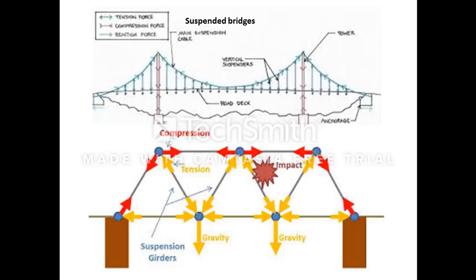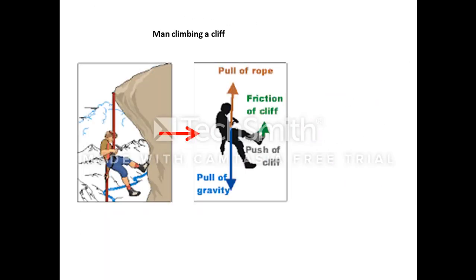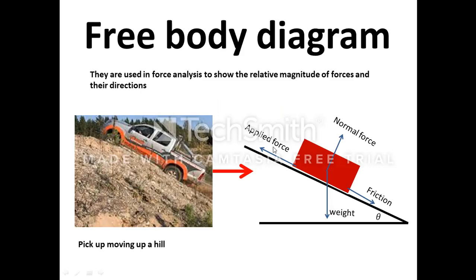One thing to mention is that in free body diagrams, the arrows will indicate the direction and the magnitude of the forces. So the larger the magnitude of a force, the longer the arrow, and the arrow direction shows the direction of that force.